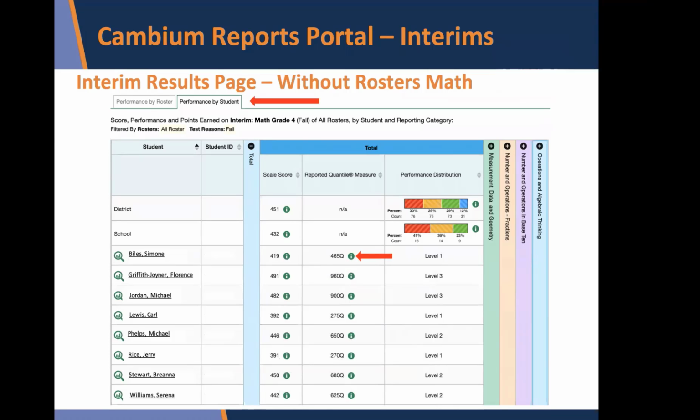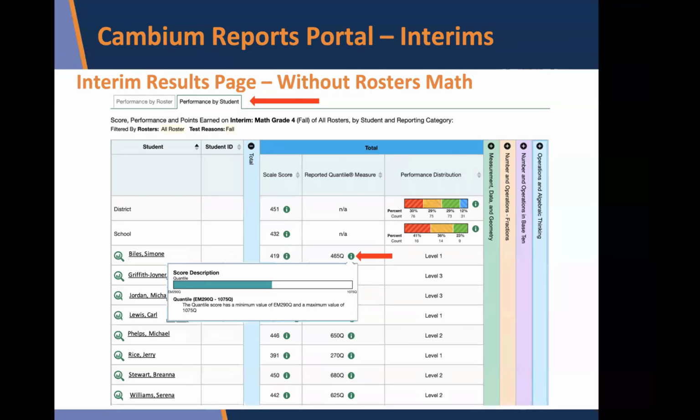This is something that's been pretty interesting for us to kind of look into and understand with the state. So here is a quantile measure. The way that I can explain it is for those of us who are ELA folks, it's kind of like a Lexile measure, but for math. So it's called quantile measure.